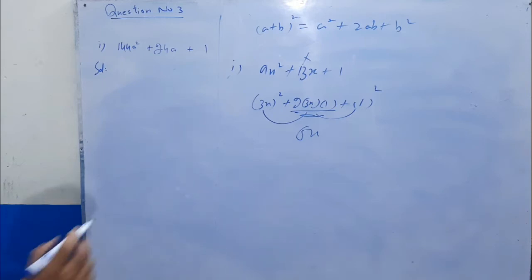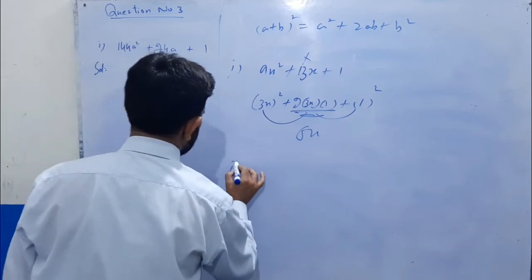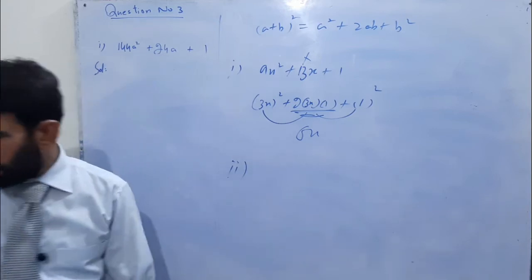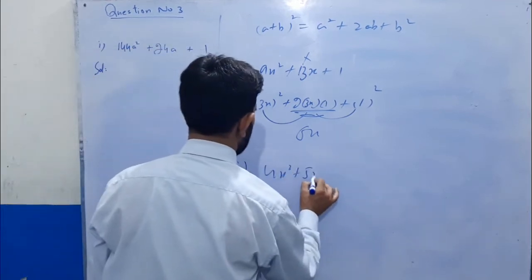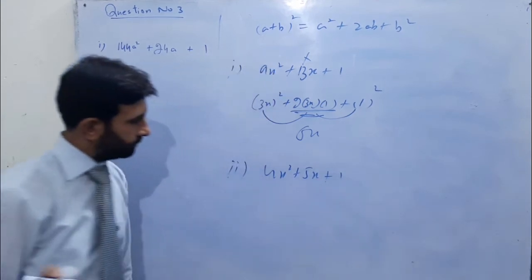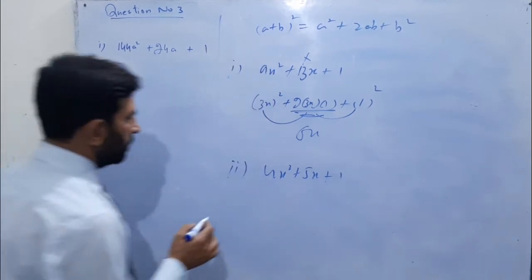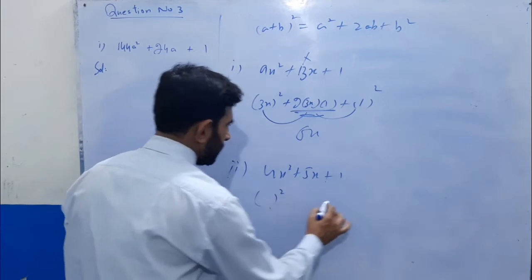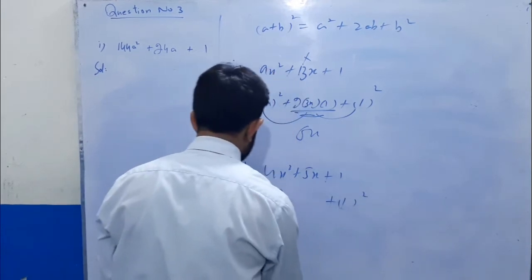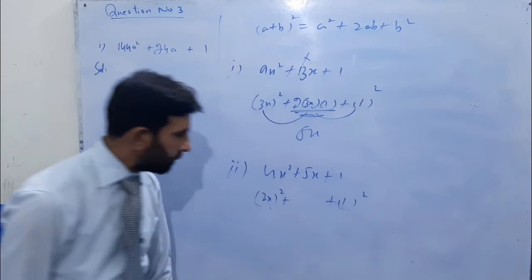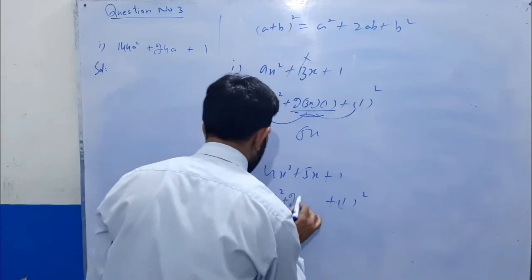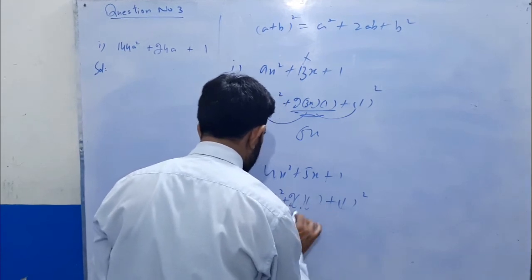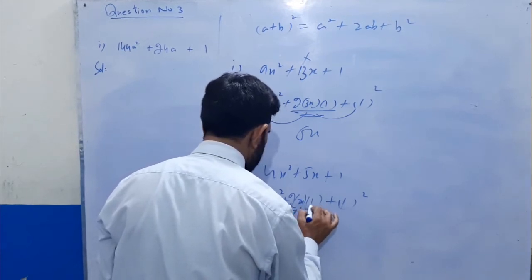Take some different example. If there is 4x square plus 5x plus 1, two perfect squares are given, and for the middle term, check whether 5x can be made or not. Write 2 by yourself, and first and second. The first entry is 2x and the other is 1.